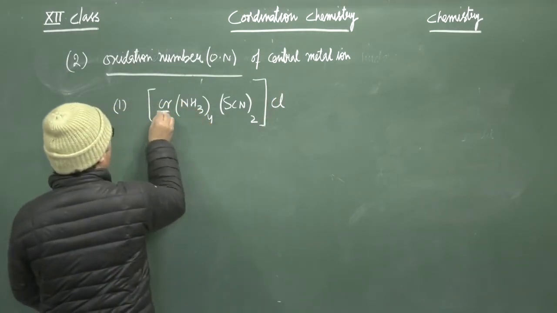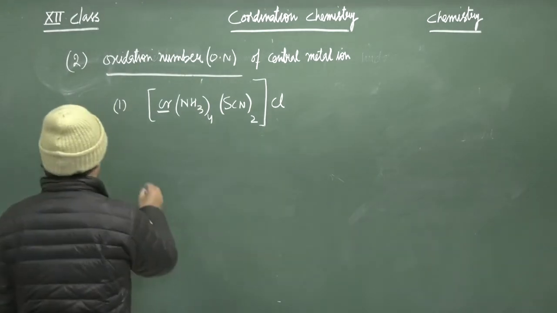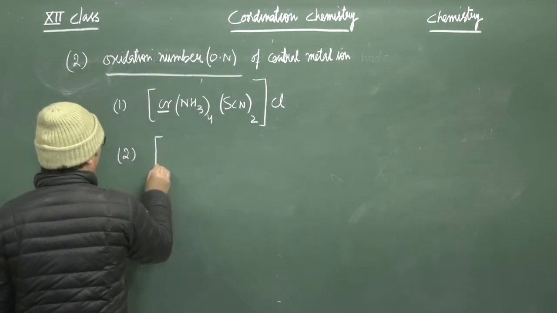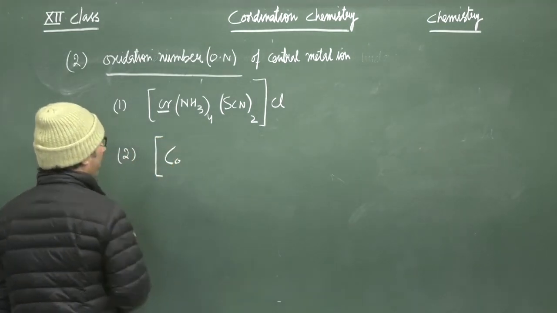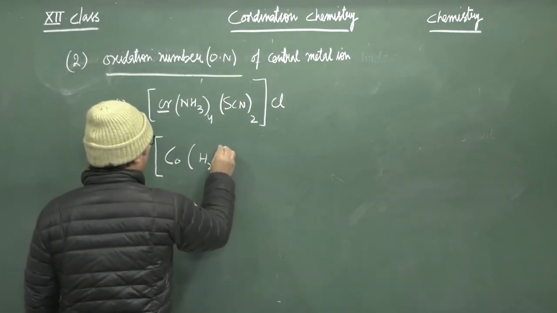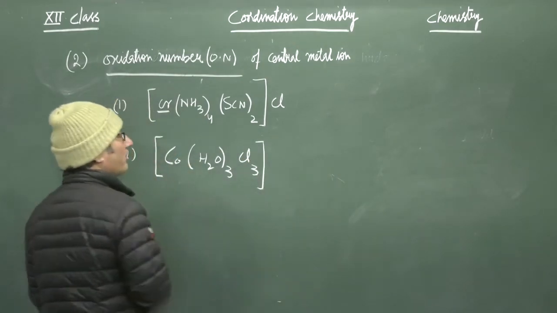I'll underline this. You have to calculate the oxidation state of chromium. Remember, this is neutral species. Number 2, Co, cobalt, H2O 3 times, Cl 3 times. Overall, this is neutral species.